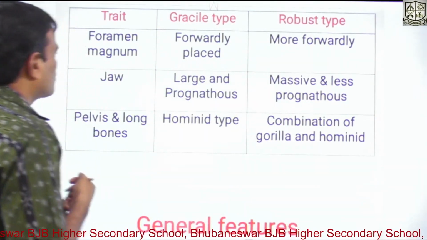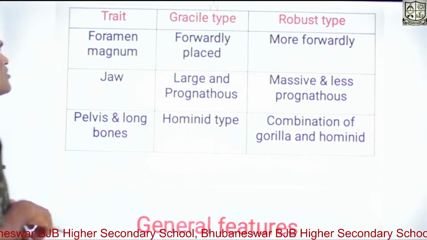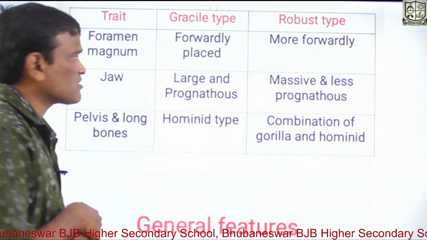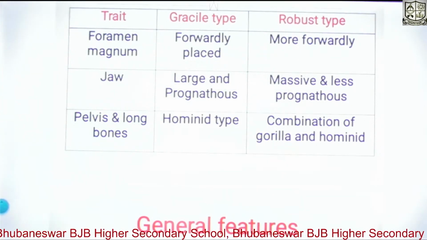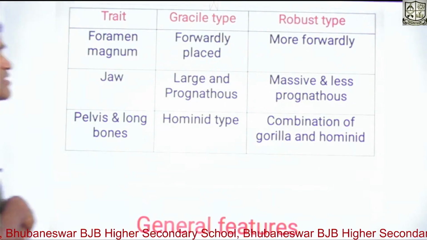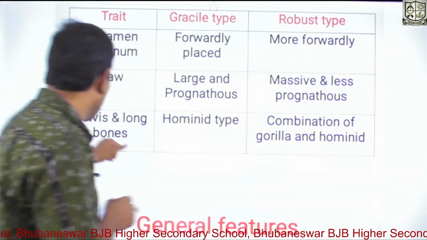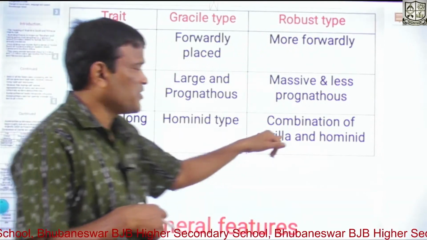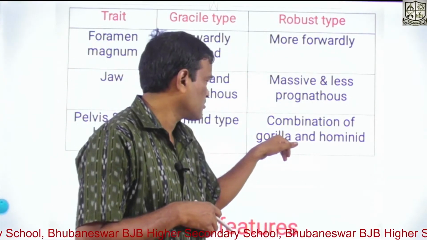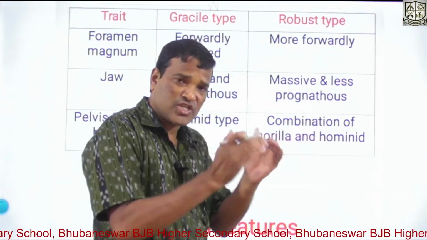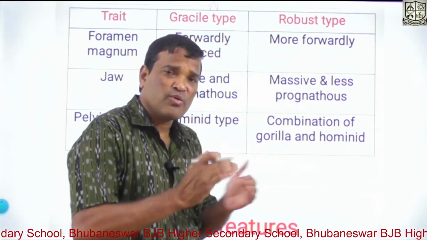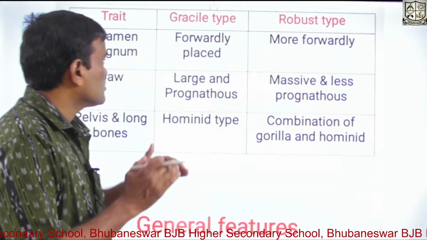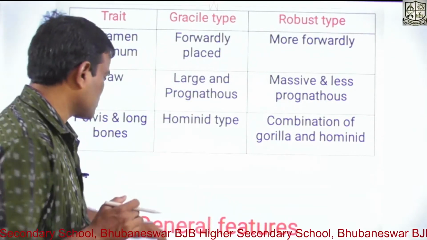The jaw is large and prognathous in the glacial type, and massive and less prognathous in the robustus type. The pelvis and long bones are hominid type in the glacial type, while in the robustus type there is a combination of gorilla and hominid characteristics, a mixed set of characteristics.